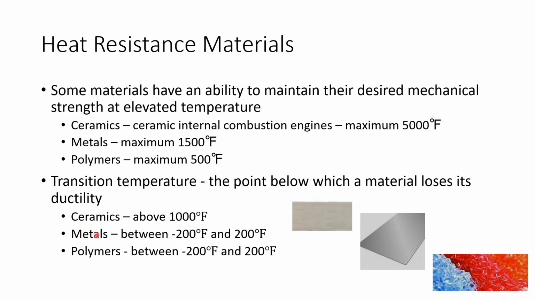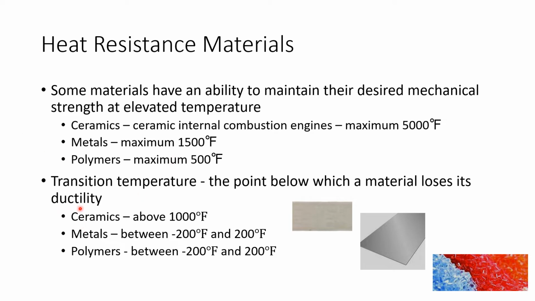Because there are many different types of metals, this is just a range giving you a temperature range that includes all different types of metals. But whatever is below that point, they're going to lose ductility. Then polymers, the same thing as metals, between minus 200 degrees Fahrenheit and 200 degrees Fahrenheit. So this is ceramic material, that's metal, and those are your plastics, your polymers.